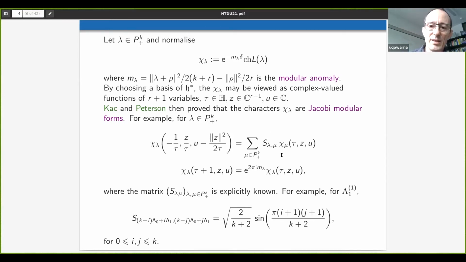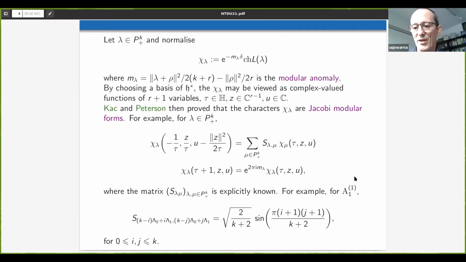And the modular S matrix, which is really what governs these modular transformation laws, is explicitly known, and there are many things you can say about these modular matrices. They're very, very interesting in themselves, but I'm not really going to talk about them here. But we know what they are explicitly.